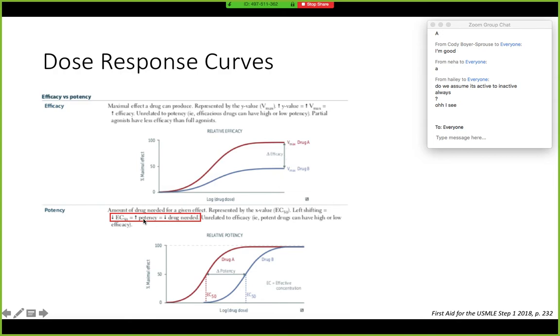When you talk about potency, this is the amount of drug needed for a given effect. And she went through this several times. Anytime you have a decrease in the EC50, you have an increase in potency, which means that less drug is needed to reach that effect.